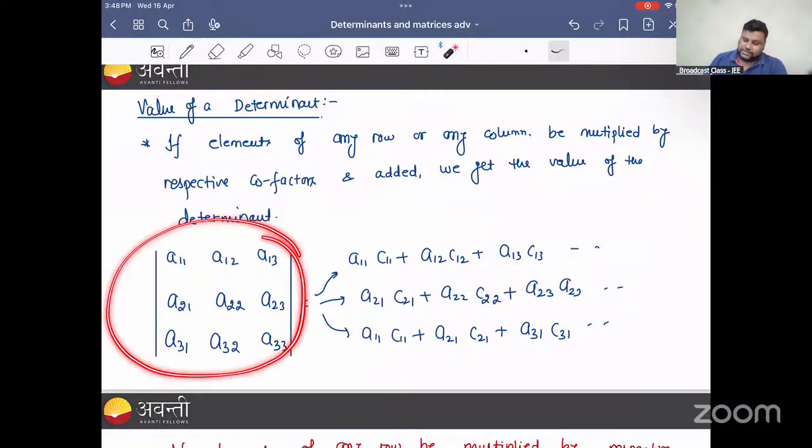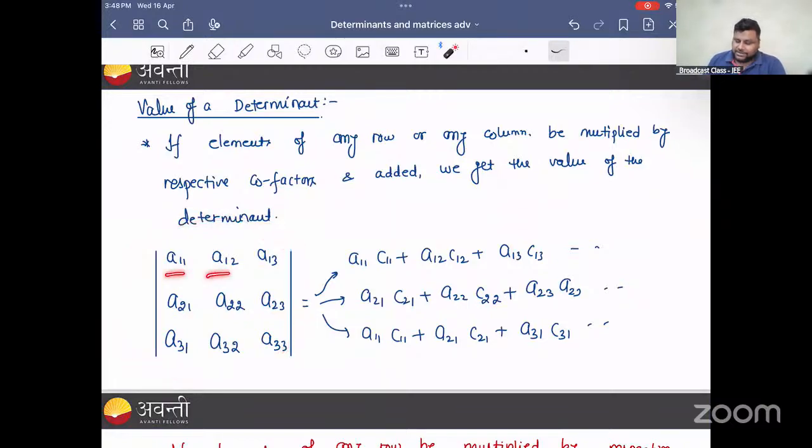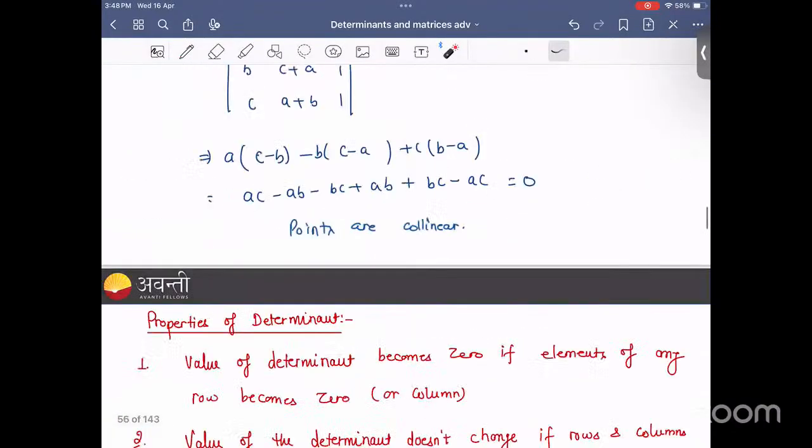Like this is a determinant. If the elements of the first row I multiply by the cofactors of the first row and then add them, or in any row I multiply by the cofactors of the same row and add them, we get the value of the determinant. Understood? Yes, sir. Thanks, sir.